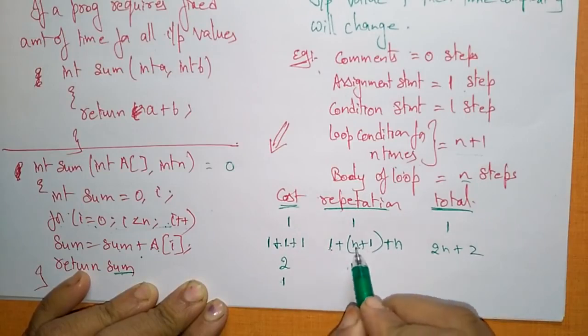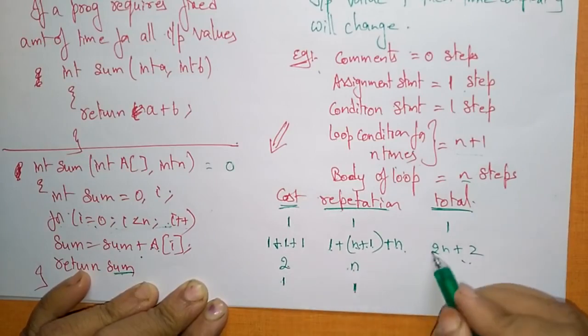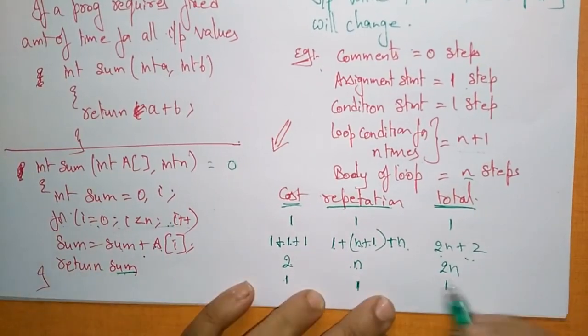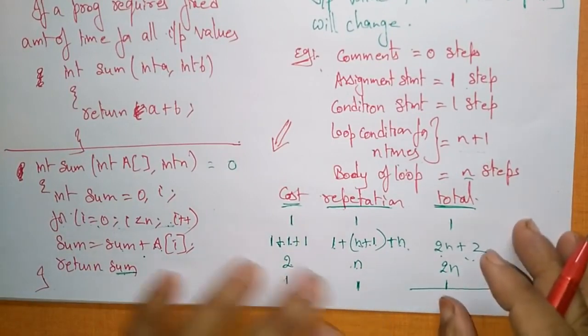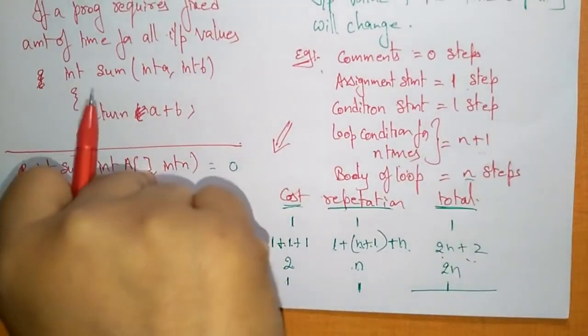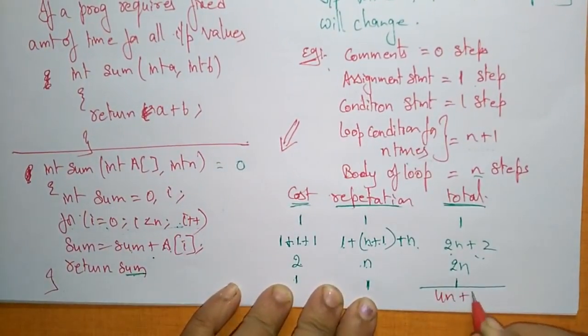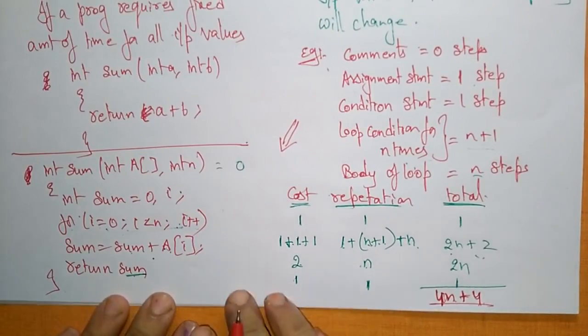So the total is n plus 2 plus n, that is 2n plus 2, and 2 into n, 2n, 1 into 1, 1. So the total time complexity of this simple program is 4n plus 4.